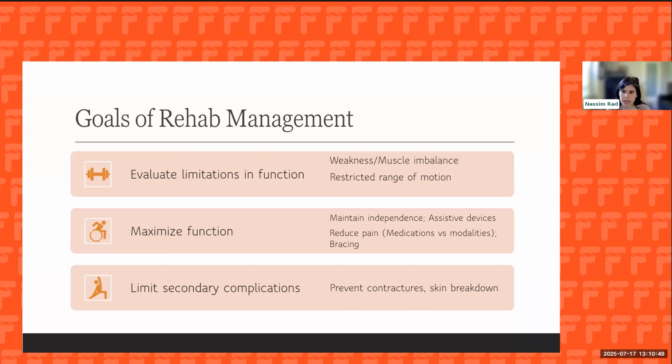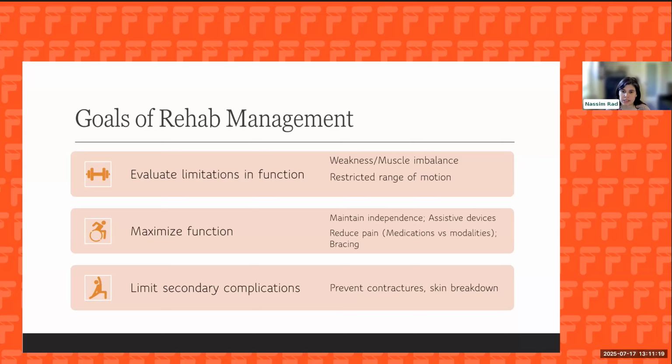What muscles are weak? What muscles are imbalanced? So, where you have side to side asymmetry, or within one functional group, which muscles may be stronger or weaker? Where do you have areas where you can't fully range your joints? To maximize function, we are looking at, well, if we can't regrow areas that are weak, how do we still maintain independence?